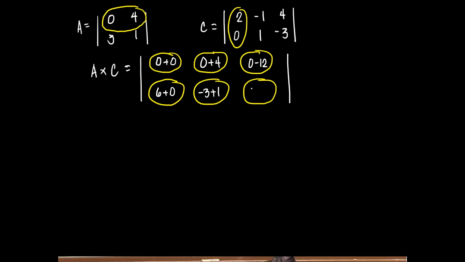Next is 12 minus 3. Very good. So that means the final answer would be 0, 4, -12, 6, -2, and 9. Okay? Any problem? Okay. So let's go to the next.